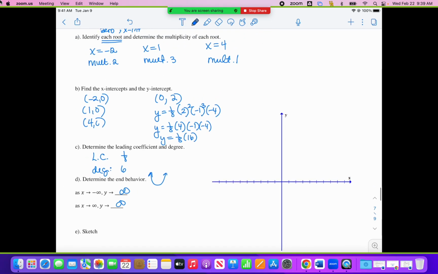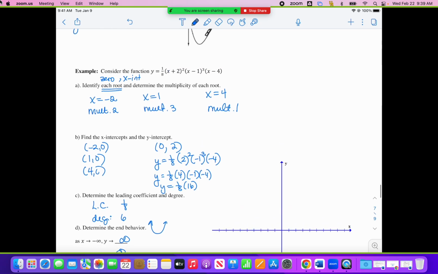Now before I sketch it, I need to go find the relative extrema. So grab your graphing calculators and go enter this original function. y equals 1/8 (x plus 2) squared, (x minus 1) cubed times (x minus 4).